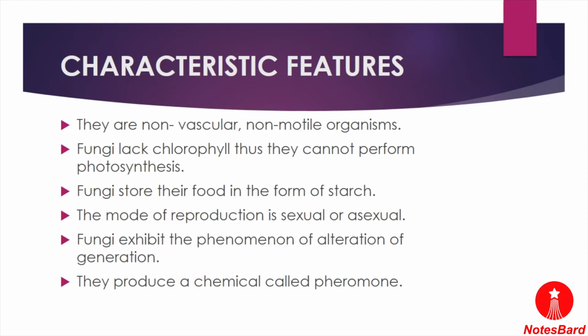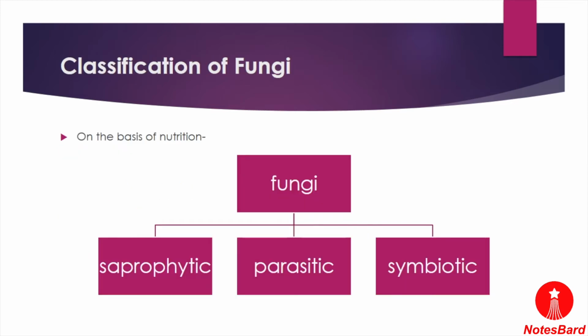But the fungus exhibits this phenomenon and produces a chemical called pheromone, which is very essential for their reproduction. Fungal cells have a nucleus and some organelles like cell wall and plasma membrane, which are found in all plant and animal cells. They can be multicellular and sometimes single celled like yeast and many other examples.